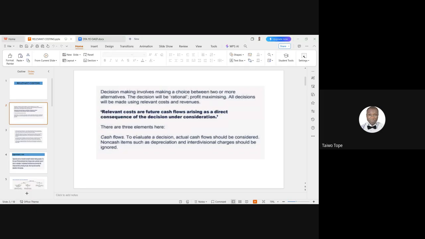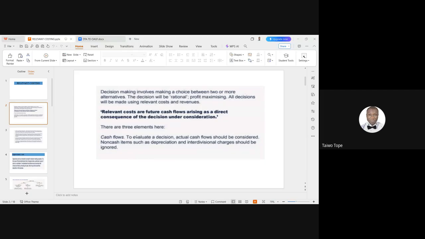These costs, most times, can be in the form of variable costs, and variable costs can be in different forms: material, labor, or variable overhead. So in simple terms, relevant costs are future costs and benefits that will change depending on the decision to be taken.